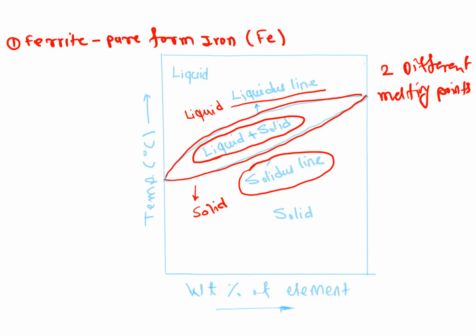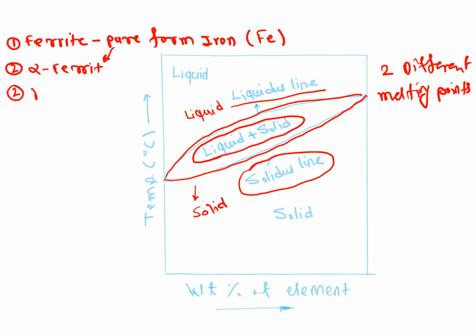Then alpha ferrite: at room temperature, we call the pure form of iron alpha ferrite.